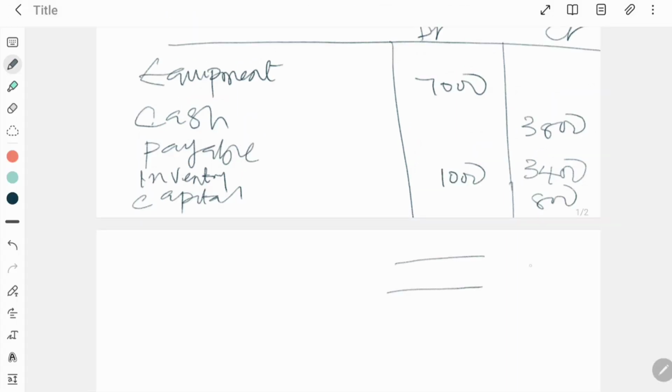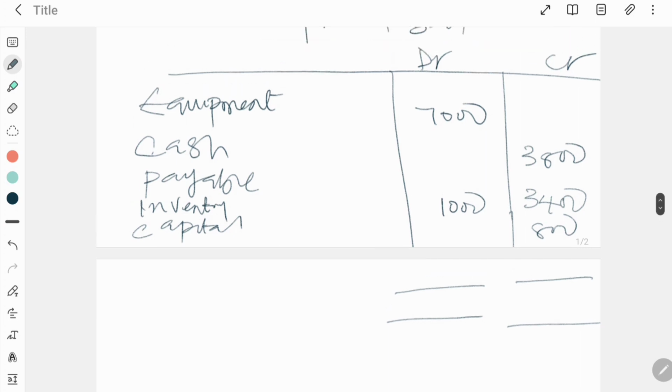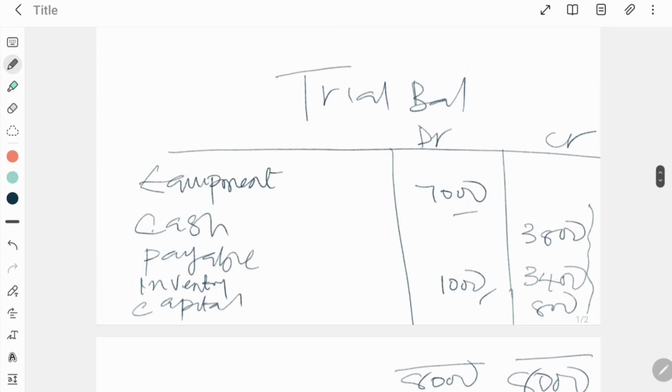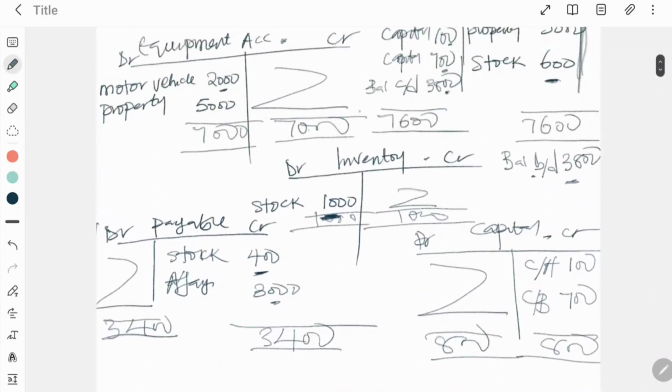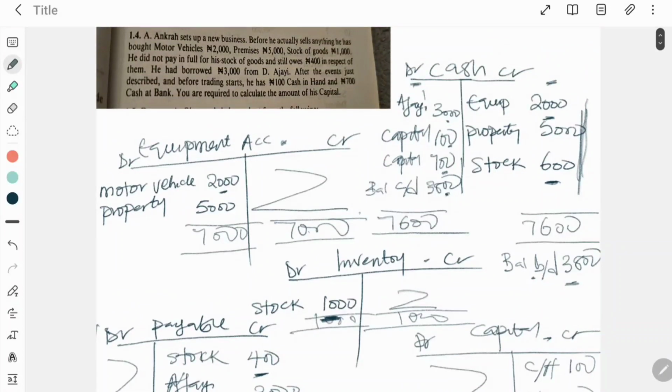So let's sum up to see if our account actually balanced. So we have total here 8,000, 7,000 plus 1,000, and we have on the credit side 3,800 plus 3,400 plus 800, it equals 8,000. You see, our accounts actually balance. This tells you that you did your entries accurately and correct without any errors.